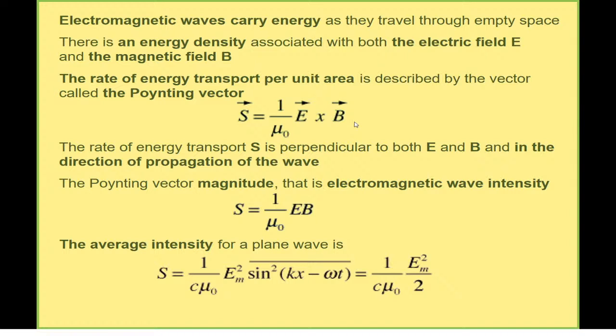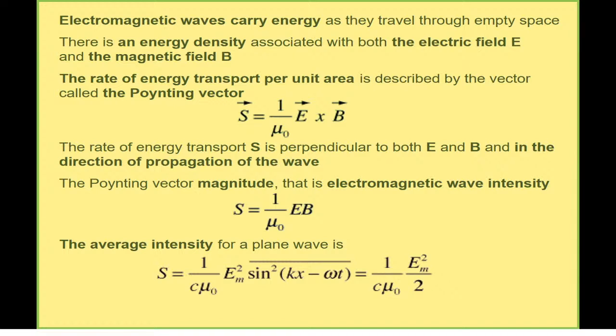The rate of energy transport, look, is perpendicular to both electric and magnetic field and in the direction of propagation of the wave. So the Poynting vector magnitude, that is electromagnetic wave intensity, equals to this.